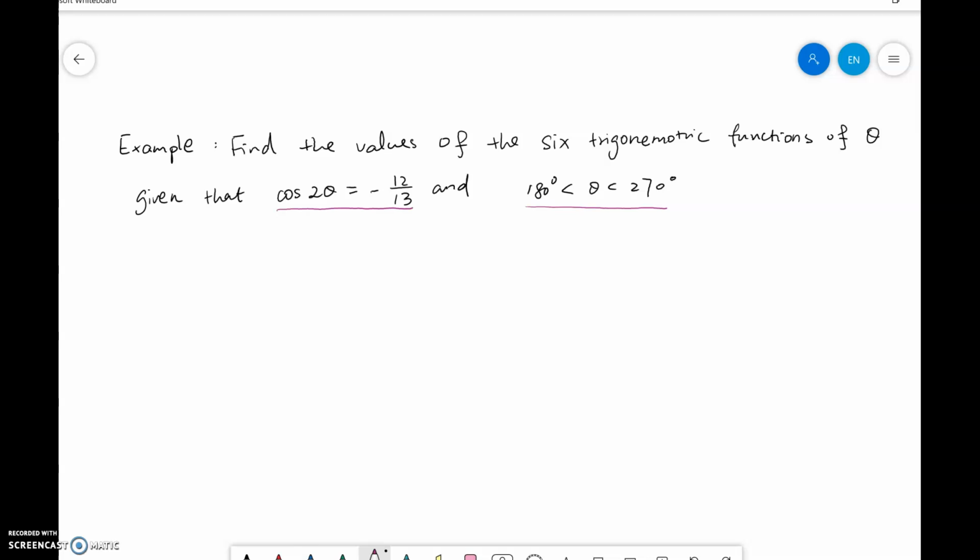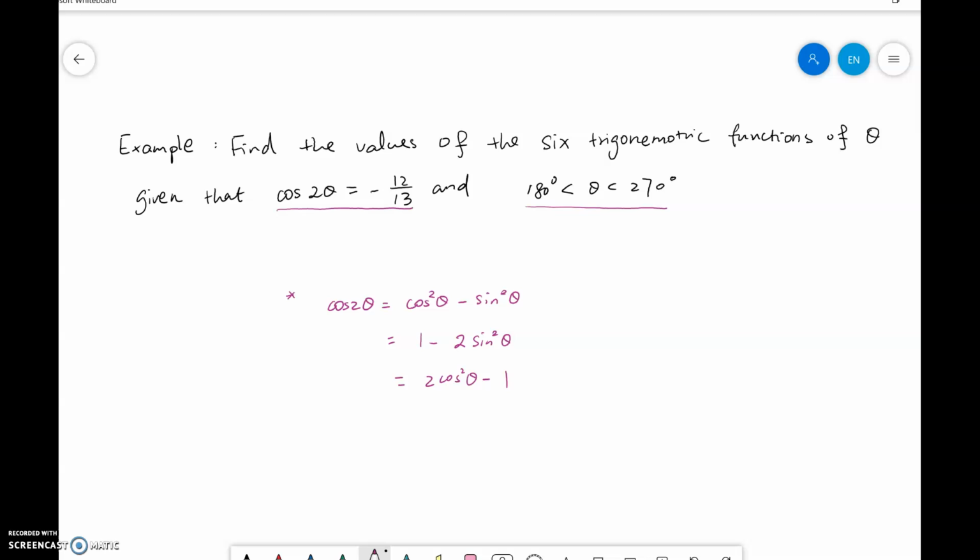So I'm doing the scratch work right now. Cosine of 2 theta can equal cosine squared of theta minus sine squared of theta. It can also equal 1 minus 2 copies of sine squared theta, or 2 copies of cosine squared theta minus 1.